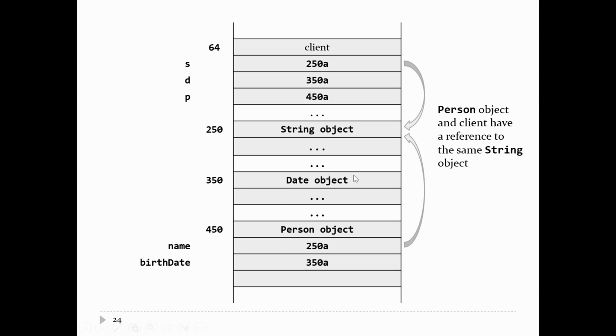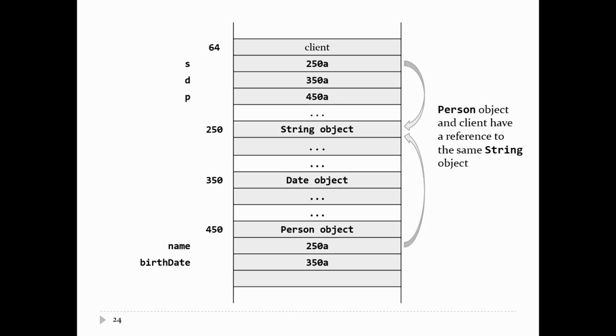When they make the person object, there's your person object. The person object also has a reference to that string, and a reference to that date. So notice you've got the person object and the caller. They're both sharing the same string and date objects. So neither one of them actually owns the string or date.